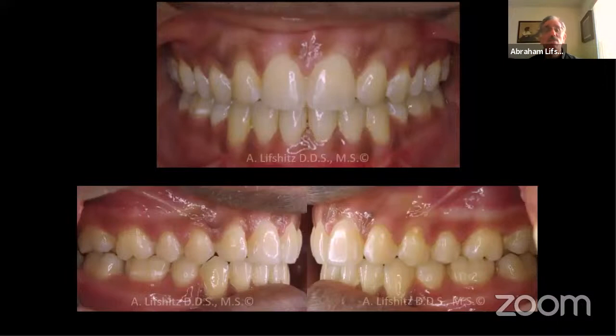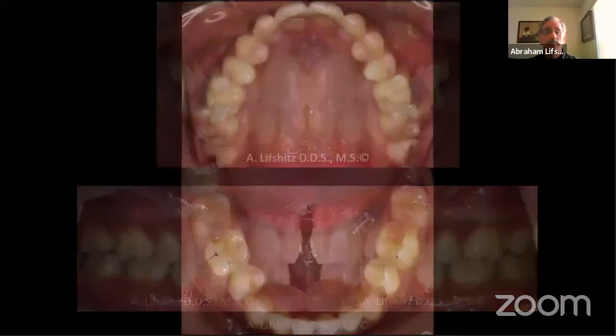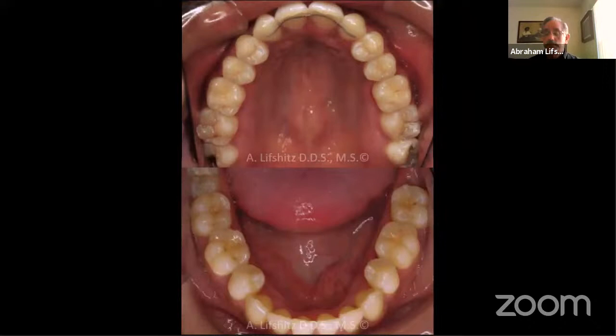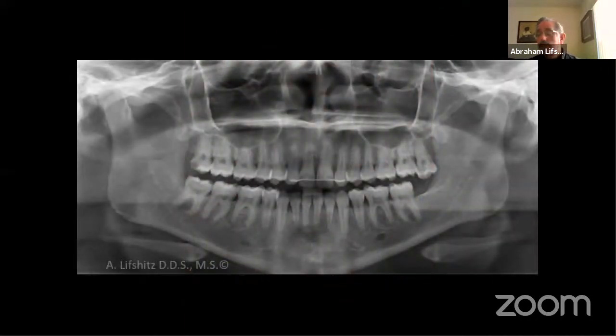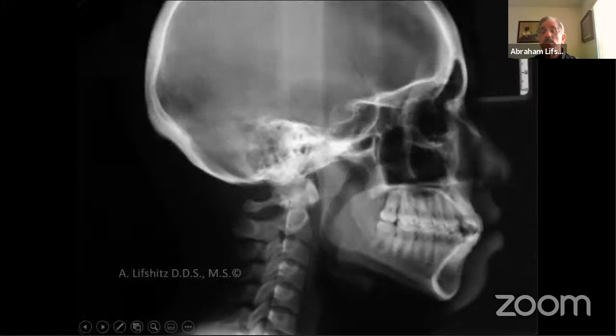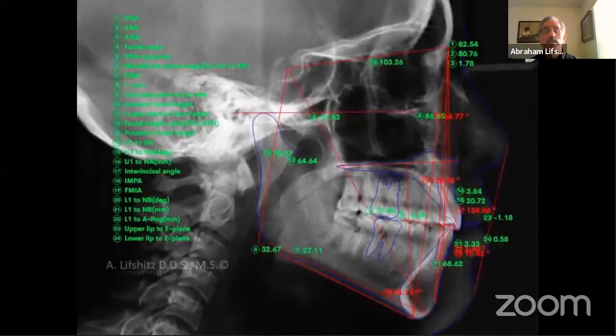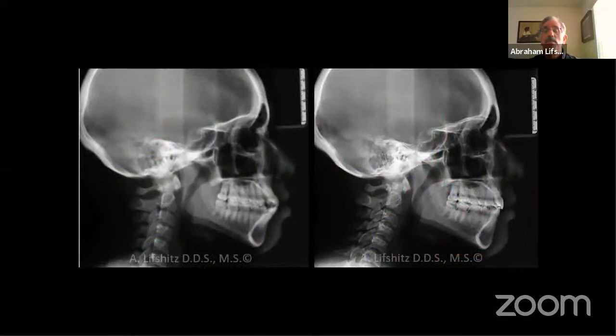So it looks really, really nice. We sent the patient for the extraction of the third molars, and this is the final result. So this is the web, and this is the comparison between initial and final.